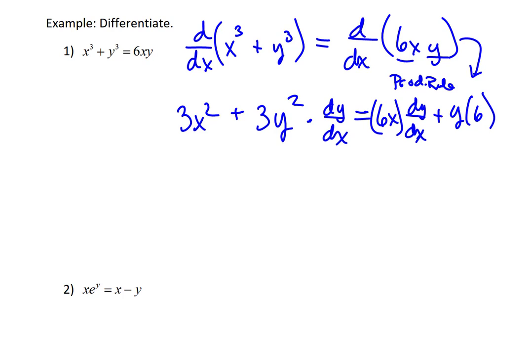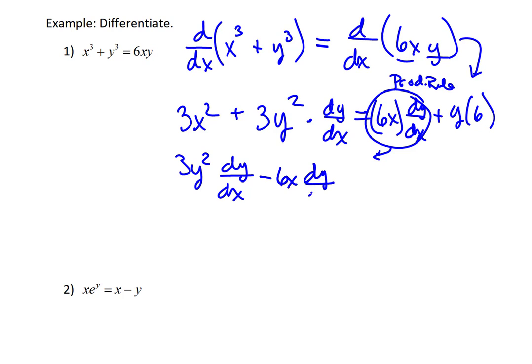Now, if I understand which terms have the dy dx factors, I could get those on one side, making this then 3y squared dy dx. That term was already on the left side, but I want to bring the term on the right side that had the dy dx over with it, which would be plus. Actually, if I bring it over, it'll be subtracting it. So I'd have a minus 6x dy dx.